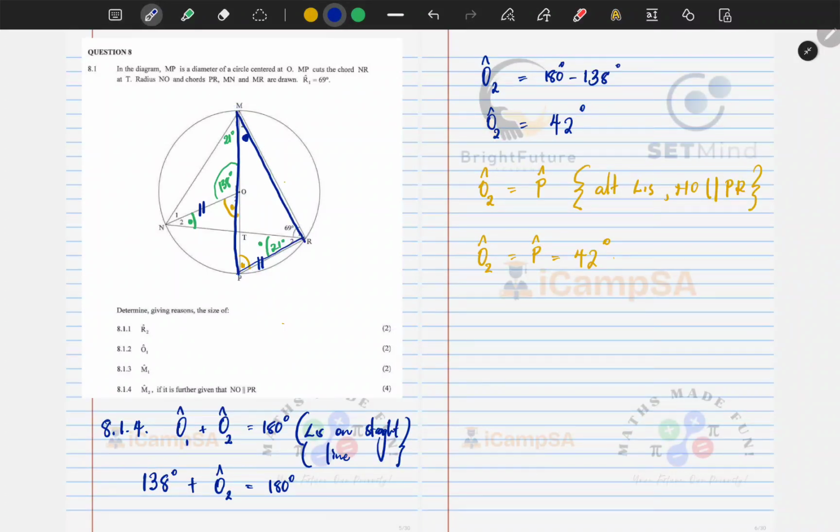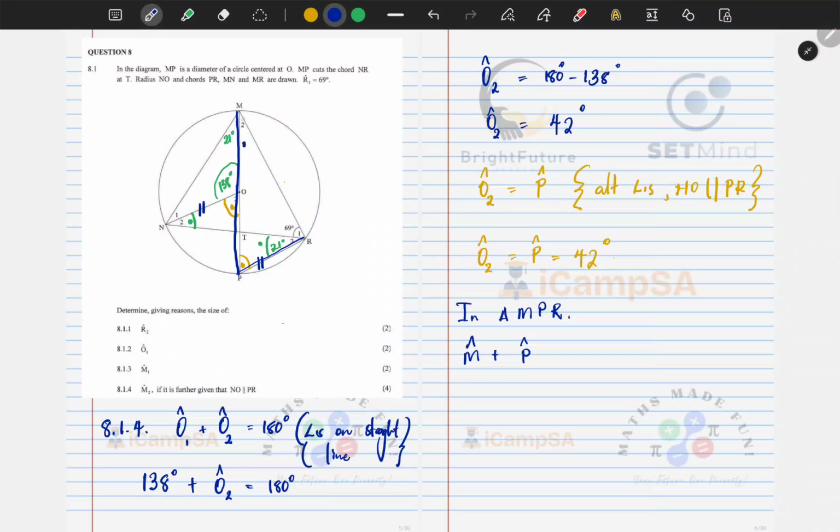In triangle MPR, we have M plus P. In this case, we are not just going to say M, it should be M2.